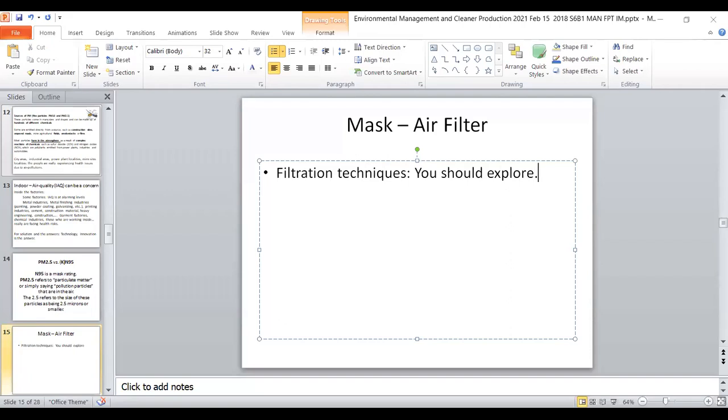When you are going for industries, you have to explore the basic technologies. What are the strategies for filtering or blocking micron particles? Imagine from your mask you can breathe, but if the air gaps in the filter are smaller than the PM 2.5 size to filter the particles, you cannot breathe.